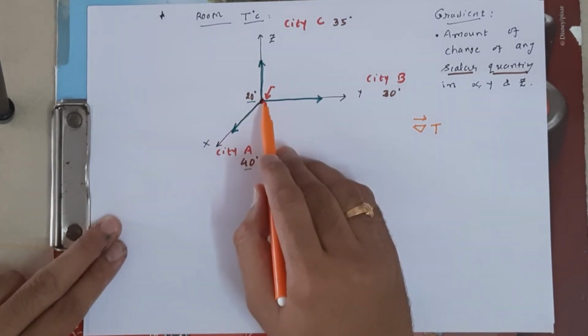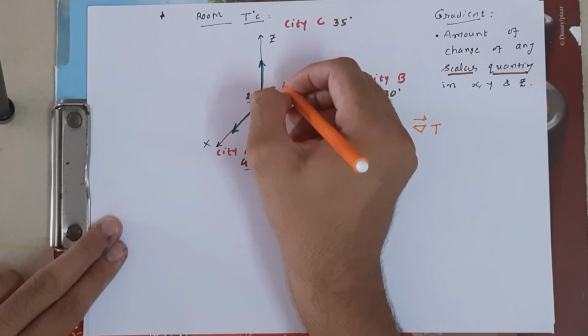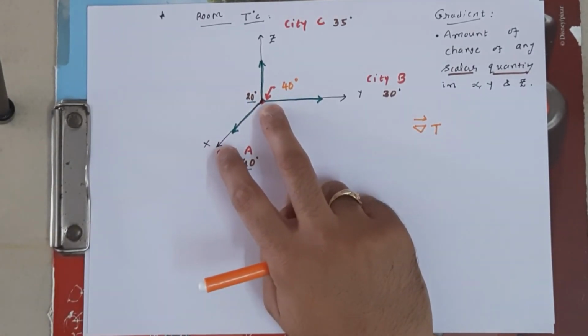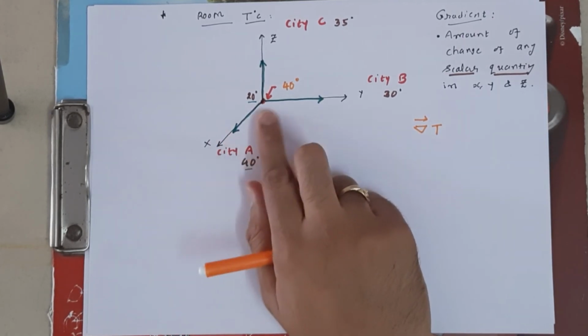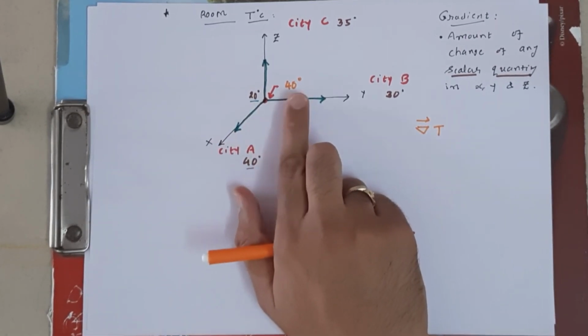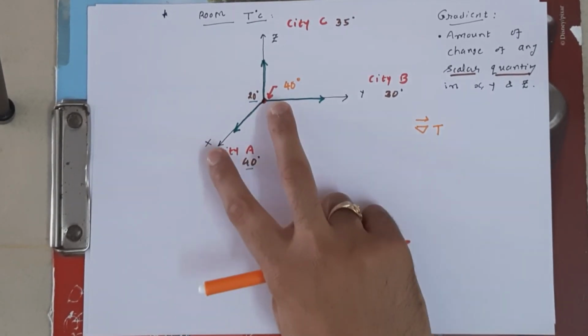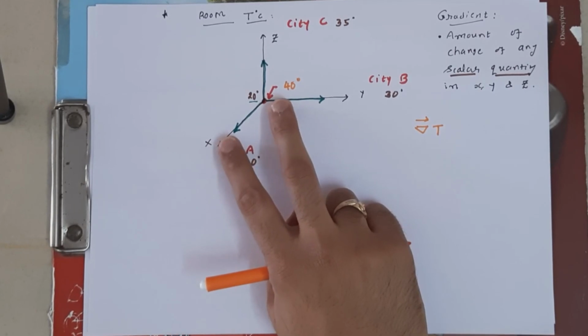See here, suppose the reference temperature is 40 degrees. If I have to find out how much the scalar quantity changes in the x direction, at the reference point the temperature is 40 degrees, and in city A the temperature is the same. So it is 0.